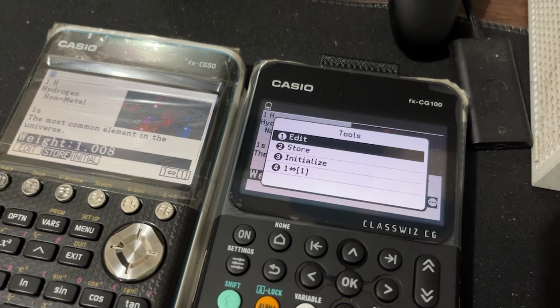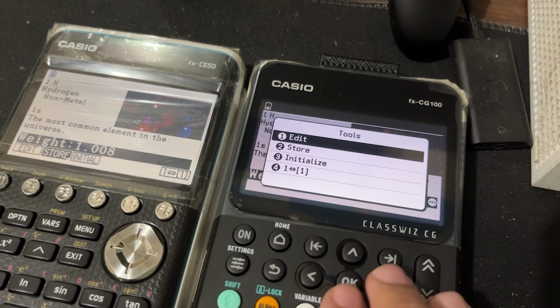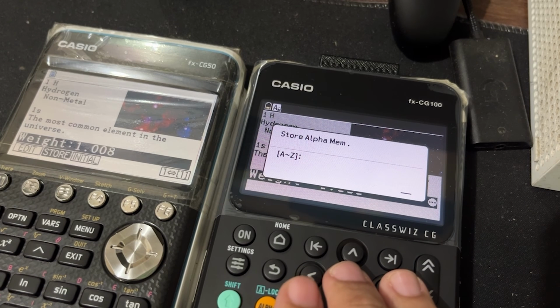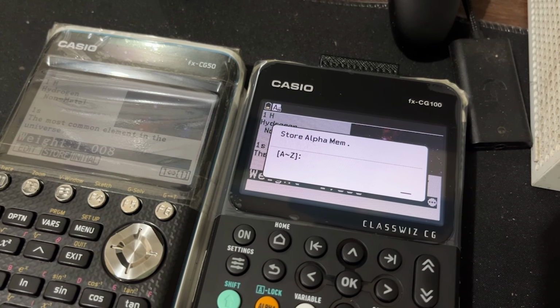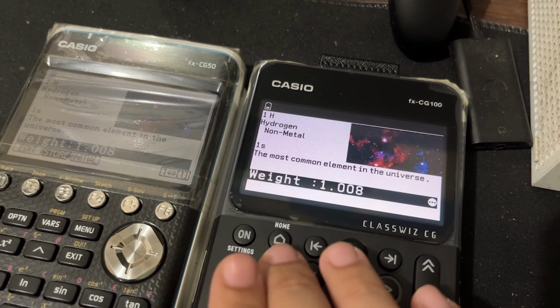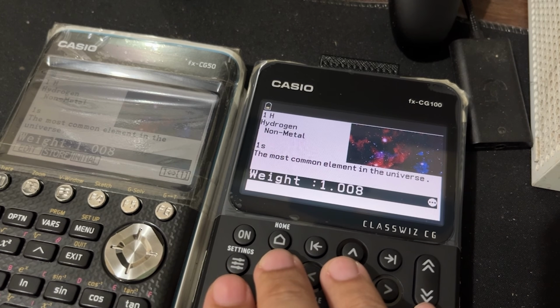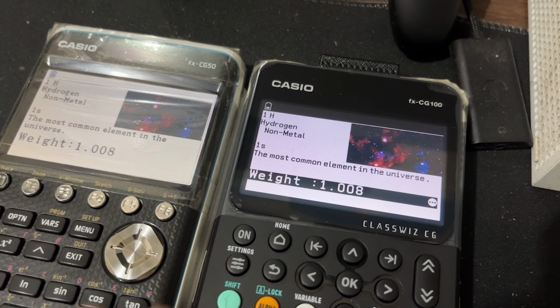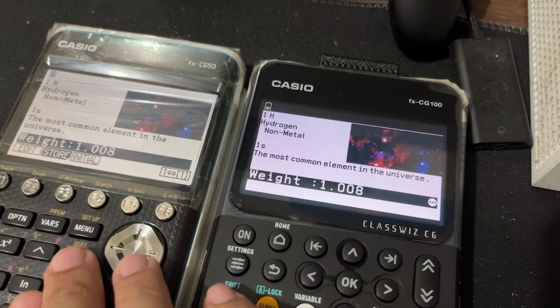This one needs tools. Store, edit. No, they don't. The store, nope. I'm going to exit this one. I'll figure out how it works. Edit, don't edit, it's the default.